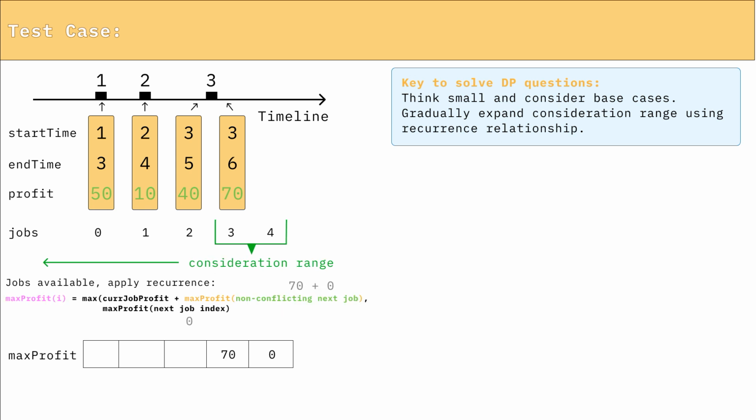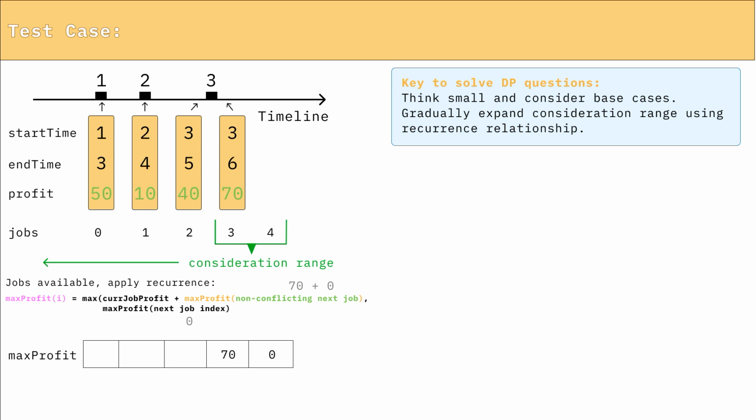Now we add one more job to our consideration range, and since we have one job available, we need to apply our recurrence. As illustrated in the solution walkthrough, the maximum profit we can make is the higher profit among the two options: take the current job or skip the current job.